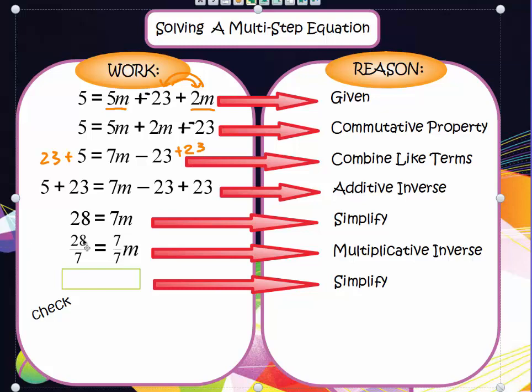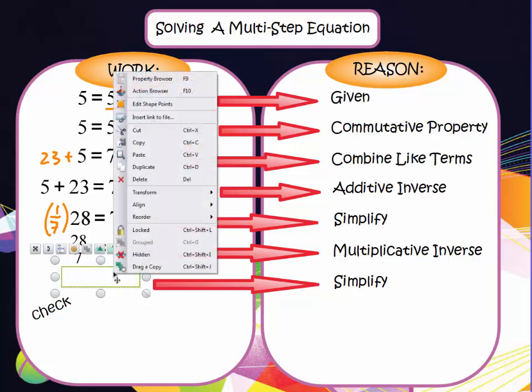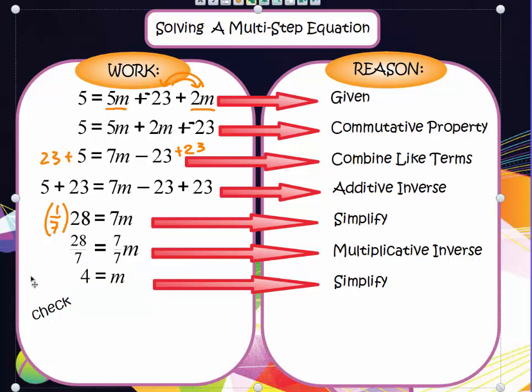And I have 28 times 1 over 7. Let me show that in the step above here. So I did 1 over 7 times 28. Again, you multiply straight across, so 28 over 7 is what I'm left with. Well, that just means 28 divided by 7, and 28 divided by 7 is 4. And 7 divided by 7 is 1, so I'm left with 4 equals m.